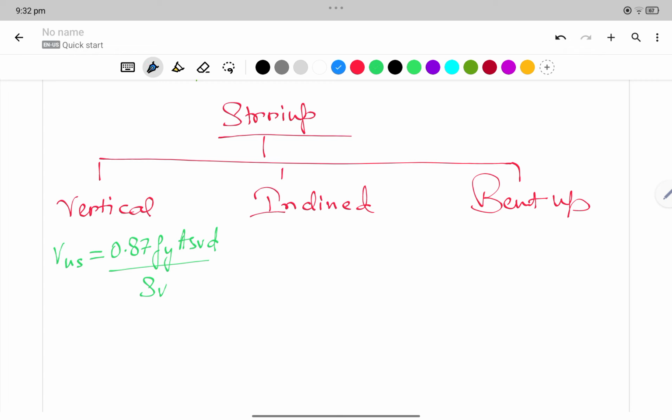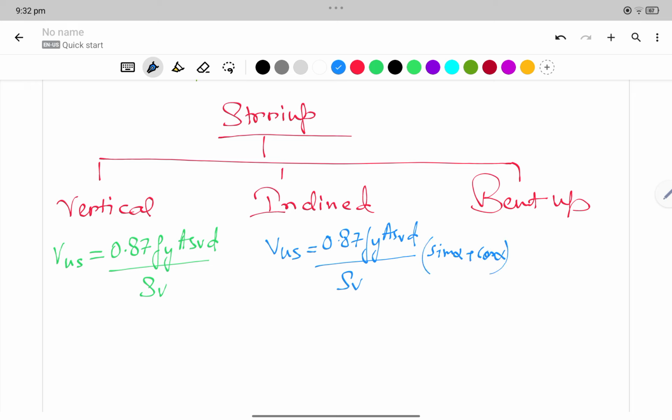The inclined stirrup formula is VUS equal to 0.87 Fy ASV into D divided by SV, into sin alpha plus cos alpha.